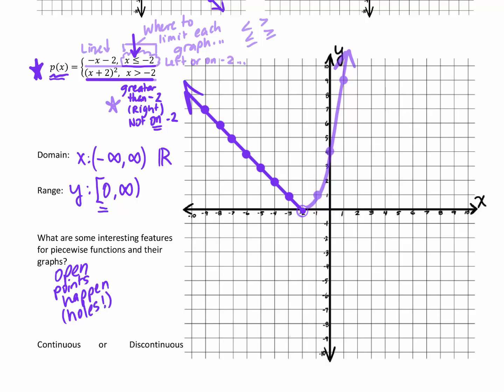You can have holes when factors or things like that cancel out in the numerator and the denominator. So open holes happen if it's less than or greater than, if they're not equal. They're made out of pieces, and those pieces can connect, or they can be separate.